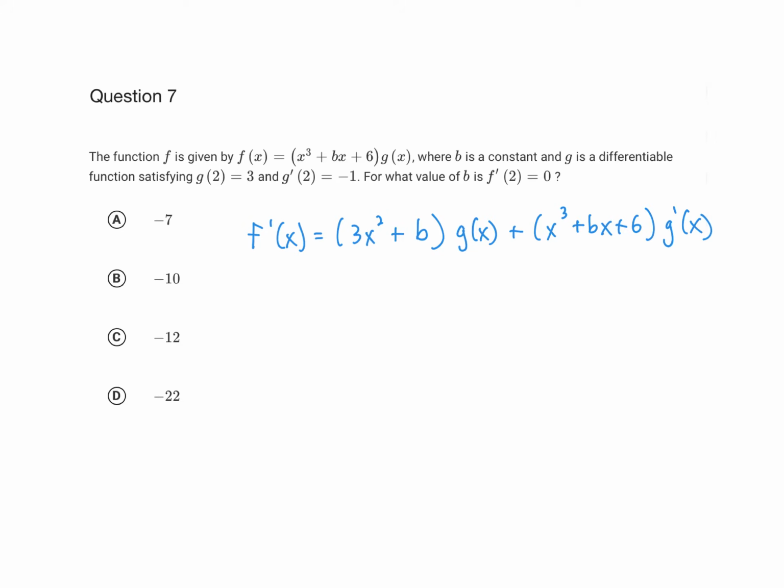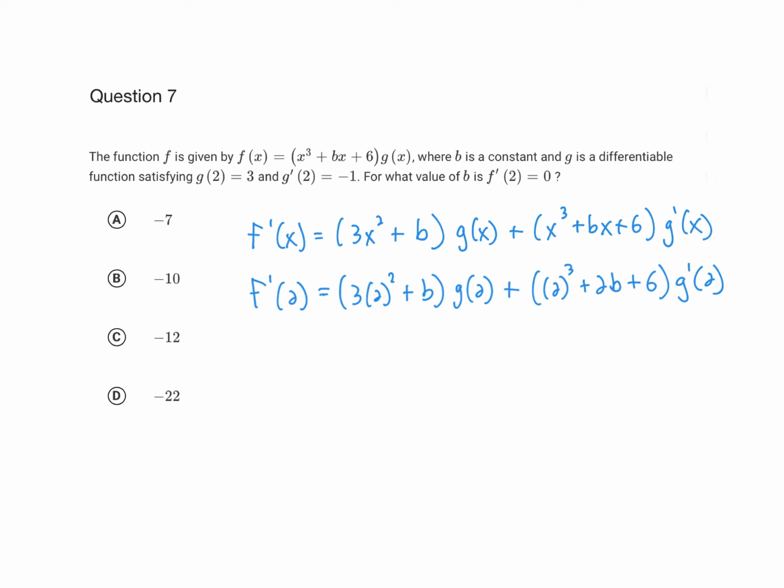Okay, now we'll plug in 2 everywhere because we want to find f prime of 2, so we can set it equal to 0. Just everywhere there's an x, replace it with a 2. Start simplifying this.